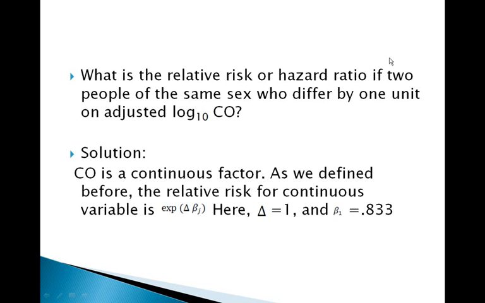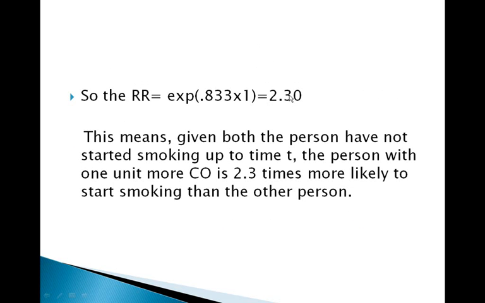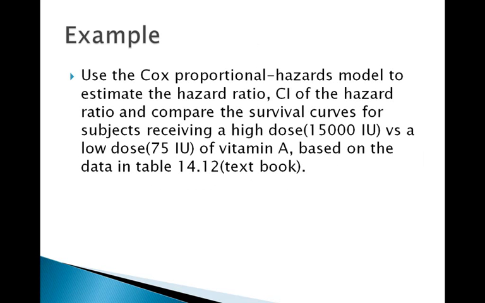The delta of interest here is 1 unit, and beta sub 1 is 0.833, which results in a relative risk of 2.30. This means, given both people have not started smoking up to time t, the person with 1 more unit of CO2 is 2.3 times more likely to start smoking than the other person.